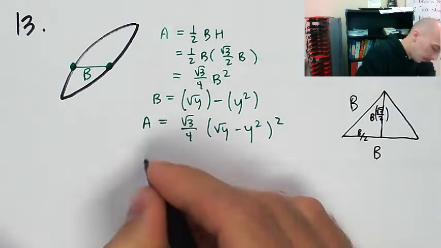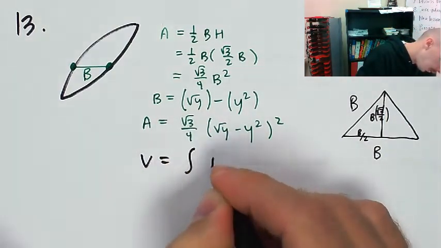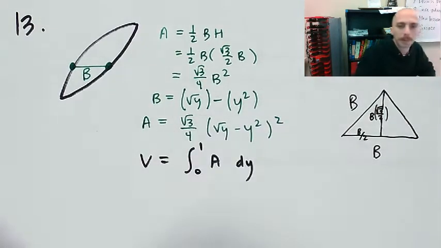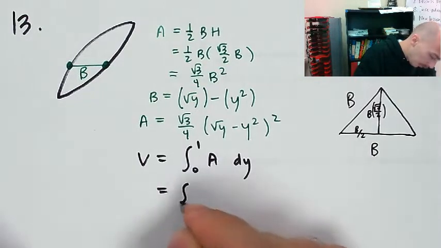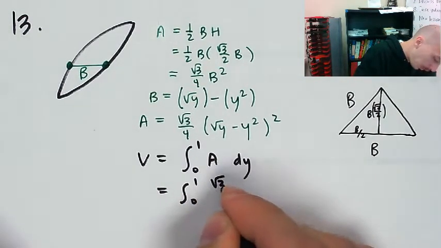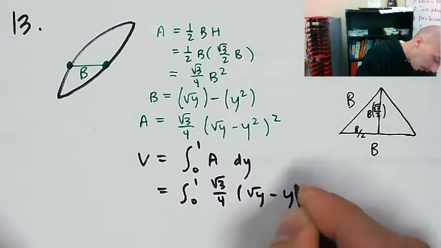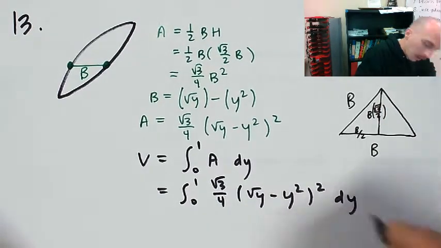Now the volume is equal to the integral of area, cutting with respect to y from 0 to 1. And so that will be the integral from 0 to 1 of root 3 divided by 4 times square root y minus y squared, squared dy.